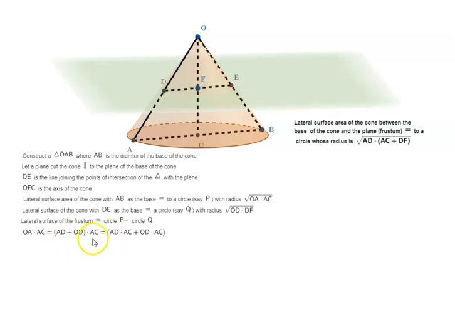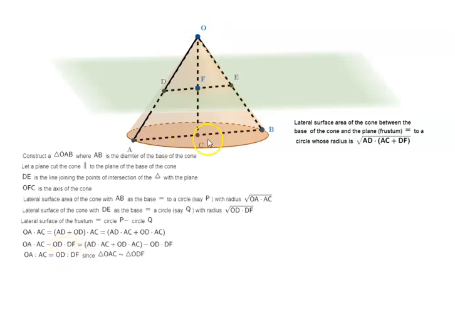So we end up with AD times AC plus OD times AC. OA times AC, which is the square of the radius of P, minus OD times DF, which is the square on the radius of Q, will be equal to OA times AC is AD times AC plus OD times AC. So we substituted, minus OD times DF.